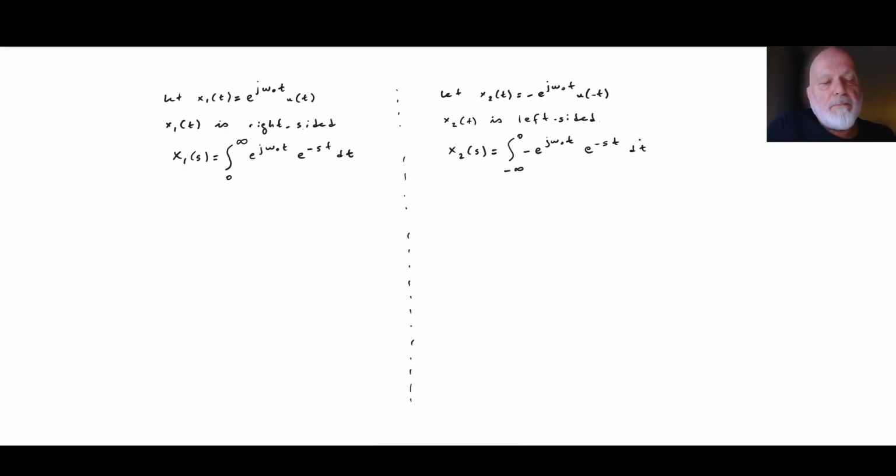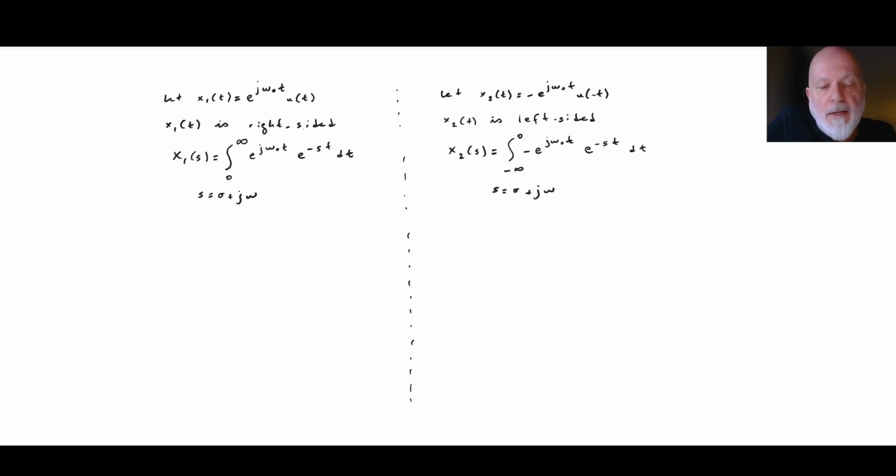Okay, now remember, here s is our complex variable, sigma plus j omega. And in the integrations, the imaginary exponents will have no role on convergence of the integral because they are just sinusoidal functions. So only the exponential terms with real exponents will have a role in convergence of the integrals.